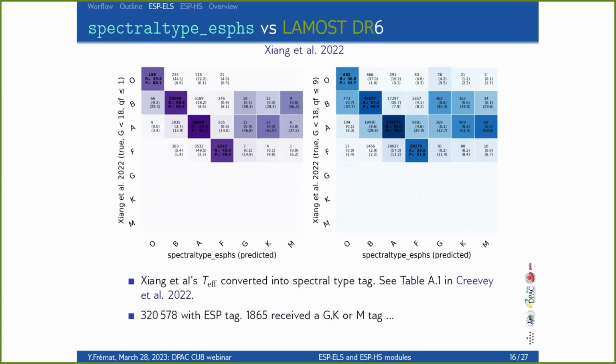That's the same sort of comparison, but this time done with the LAMOST data. Using the same temperature definition, we provided a spectral type to all these LAMOST results.